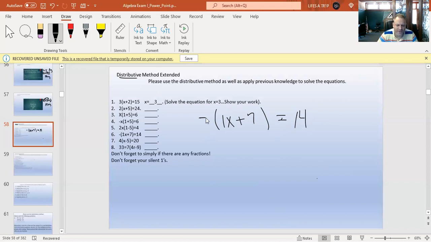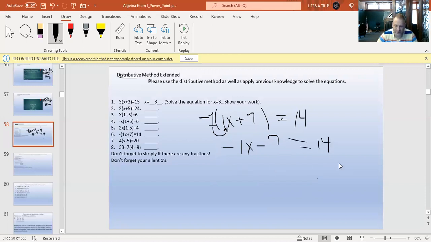So some students have trouble figuring this out, but it's because of the negative sign, but it's actually quite easy. There is a silent 1 right in there. That's going to put everything into perspective. So negative 1 times 1x is negative 1x. And then negative 1 times 7 is negative 7 equals 14.